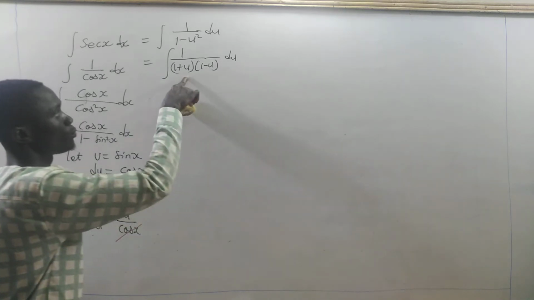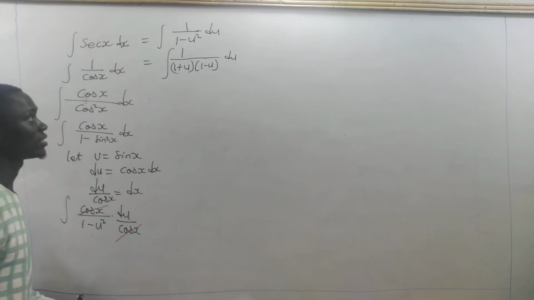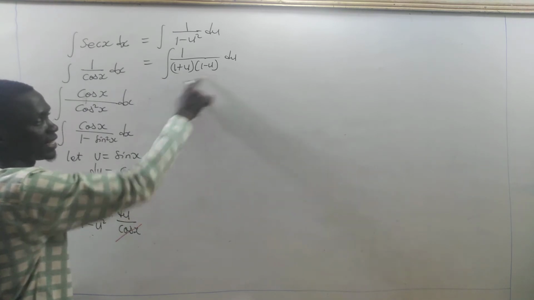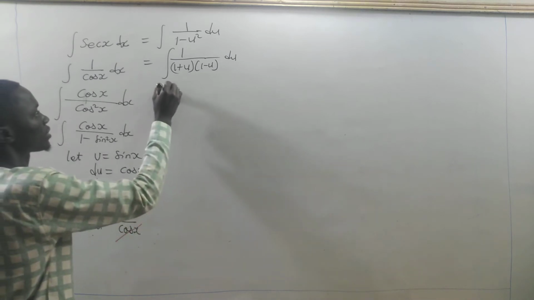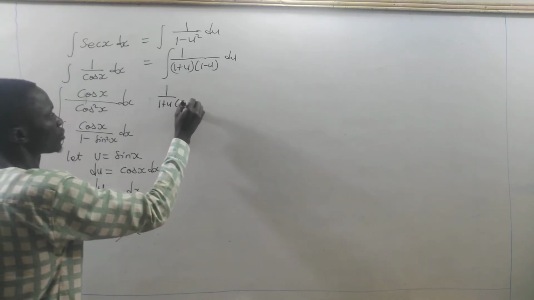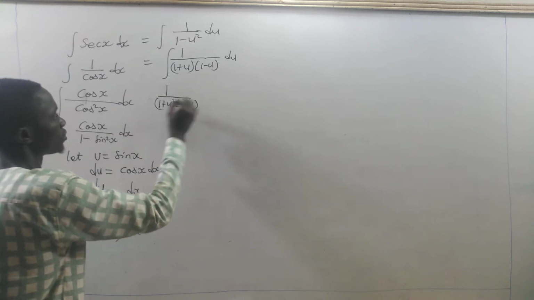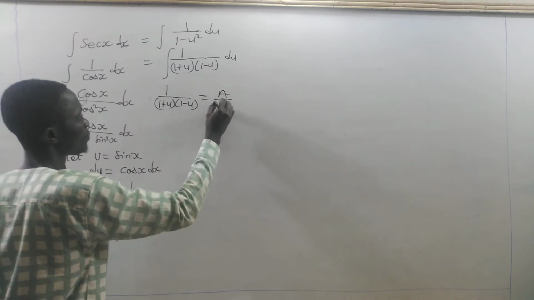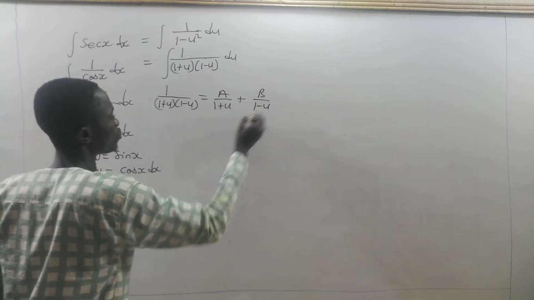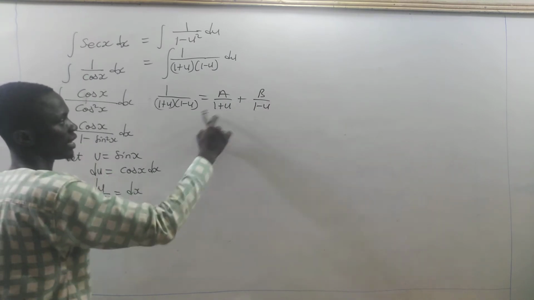Now we are going to decompose this into partial fractions. If you look at this, the denominator here has linear factors. So you write 1 divided by 1 plus u times 1 minus u equal to A divided by 1 plus u plus B divided by 1 minus u. Now let us simplify this.